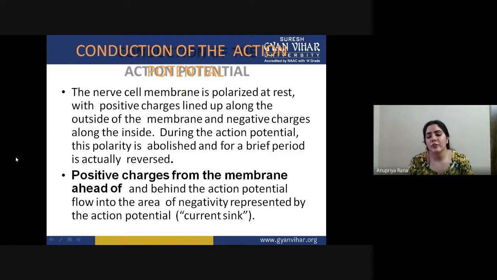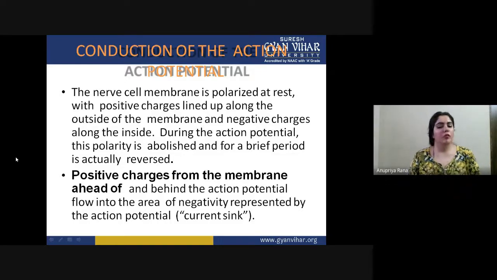Positive charges from the membrane ahead of and behind the action potential flow into the area of negativity represented by the action potential. So when the action potential happens, positive charges go ahead along the membrane.